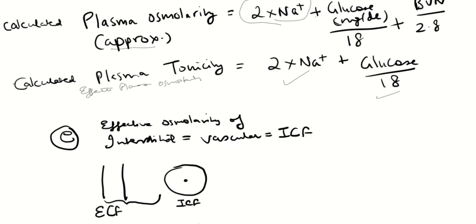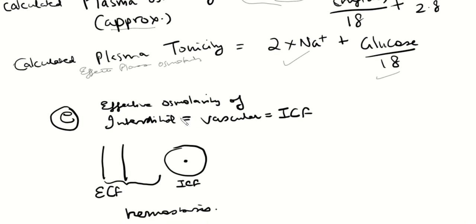Why? Because if the tonicity is the same as that of our plasma, it's not going to change the interstitium, which means it's not going to change the osmolarity of the interstitium, which means it's not going to cause fluid shifts from the intracellular space. This is a very important concept, right?